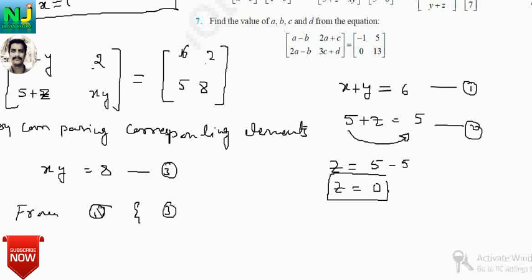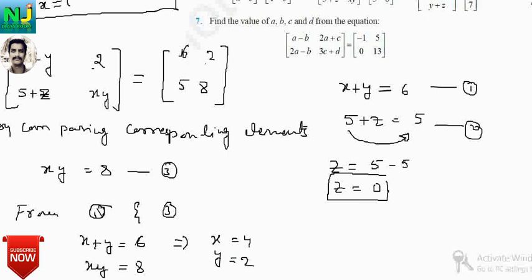In equation 1, x plus y is equal to 6, and xy is equal to 8. Adding gives 6 and multiplying gives 8. Then what are the values of x and y? x is equal to 4, y is equal to 2.